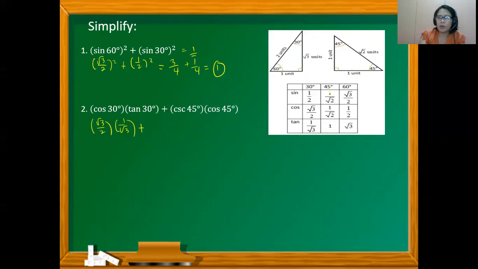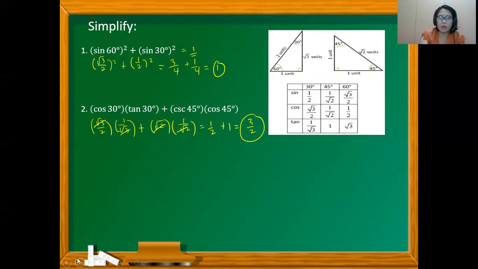So sine 45 is 1 all over square root of 2, so its reciprocal is cosecant 45. So this is square root of 2 times cosine 45, which is 1 all over square root of 2. Simplifying the expression and combining them, we have 1 half plus 1 equals 3 halves.